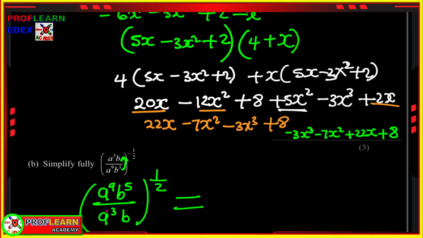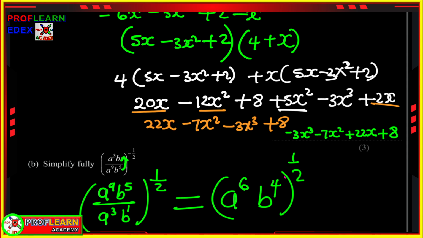Then I'll simplify this. This is a raised to power 3 and a raised to power 9. I will subtract the powers, so it will be a raised to power 6. B would be b raised to power 4. Then I'll have my power of a half at this point.